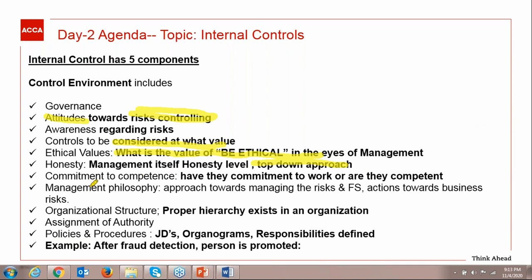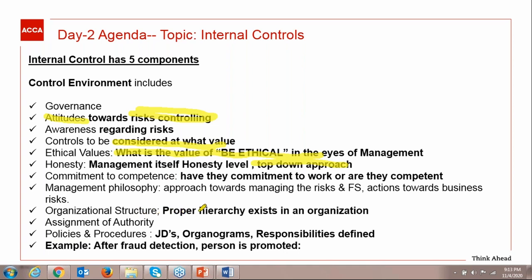Now, commitment to competence. If the management is really competent and they have the commitment to reduce the risk, to prevent error and fraud, obviously it will create an impact on your internal controls. Organizational structure.